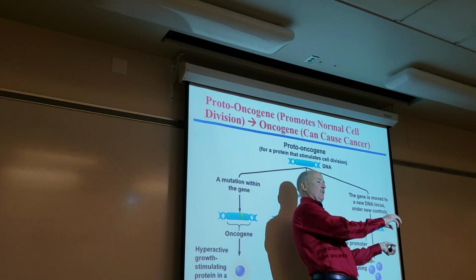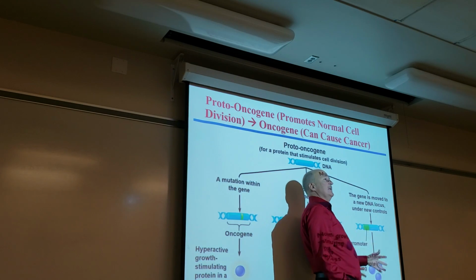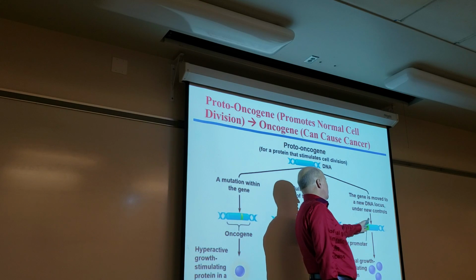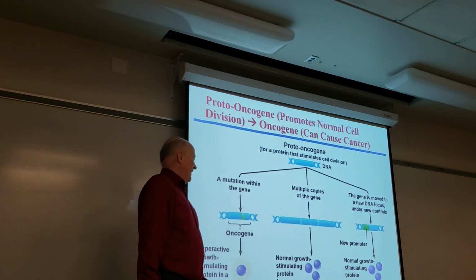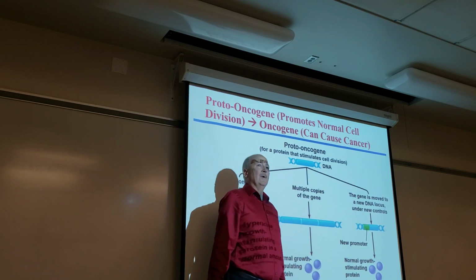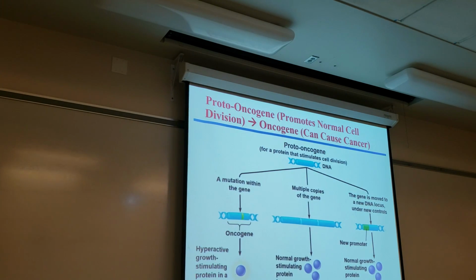That gene is moved to a different location and it's switched on too often. The gene is normal, but it's sitting next to the wrong control sequence, and so you make too much of the normal growth factor. So you might get either a mutated growth factor or else too much of the normal one. Either way, we're getting about the same effect, too much stimulation of growth.